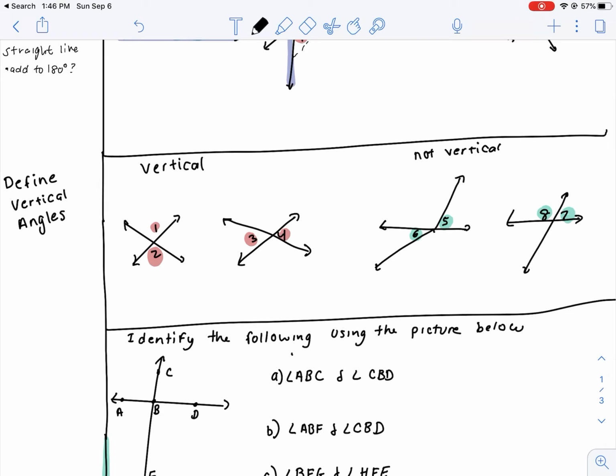How about a vertical? It looks like they are two angles that only have in common an endpoint. And they're right across from each other. So they're across, and they have a common point, but no common ray.